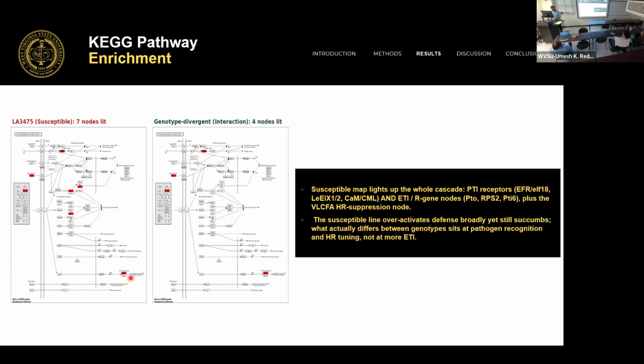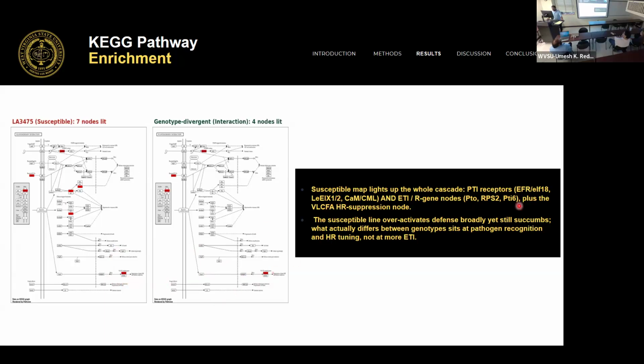One more thing, looking down to the bottom right, this is a KCS gene, which forms a long fatty acid chain. It also supports cell turgidity and prevents cell death. So this one is highlighted in both the cases.